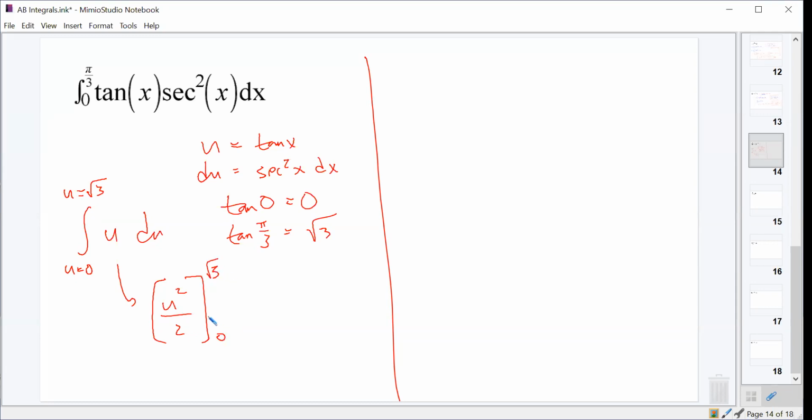I can just evaluate this in terms of u, and I'll get the same answer. So what do we get if we evaluate this from 0 to root 3? Root 3 squared over 2 minus 0 squared over 2, which is what? 3 over 2. Good or no?